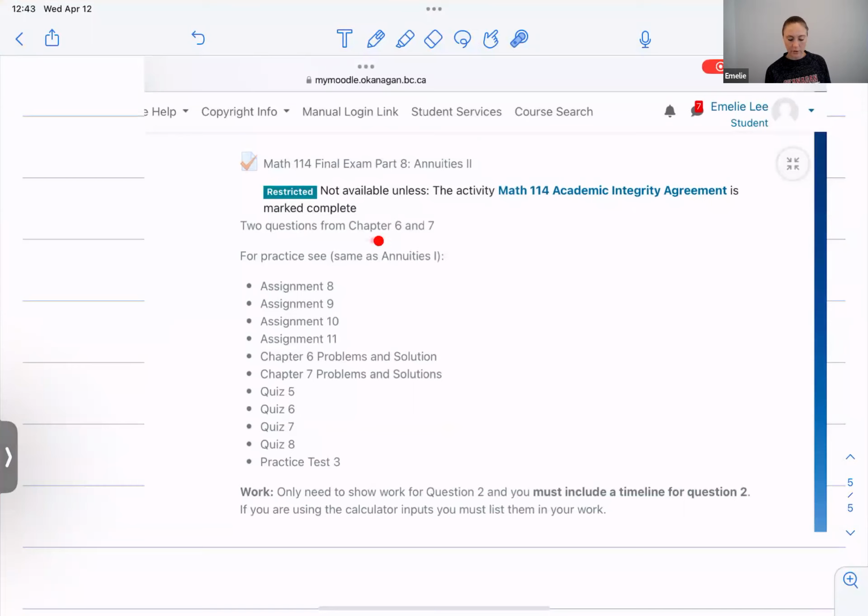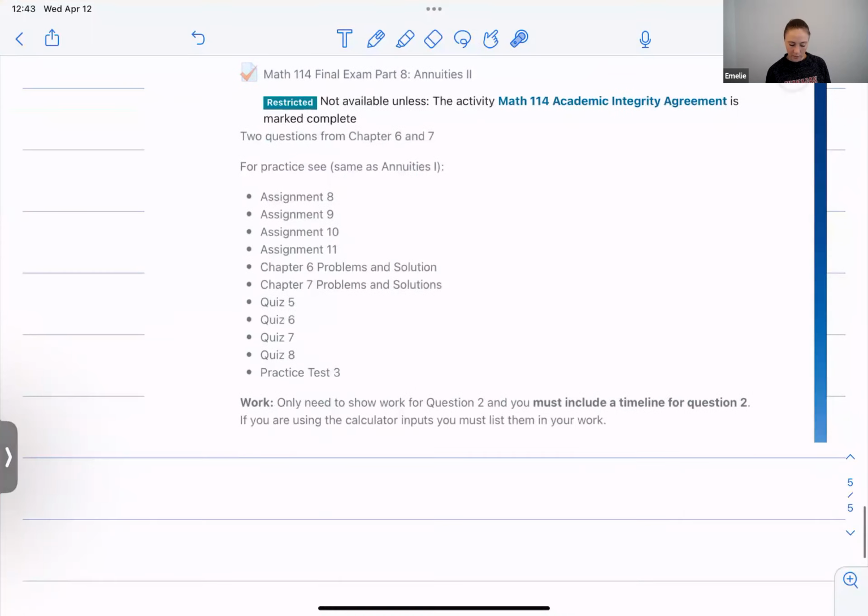So here, 2 questions from chapter 6 and 7, same as annuities 1 in terms of practice. And here you only need to show work for question 2, and you must include a timeline for question 2. And if you're using the calculator inputs, you have to list them in your work. So this one is going to be super important that you pay attention to.